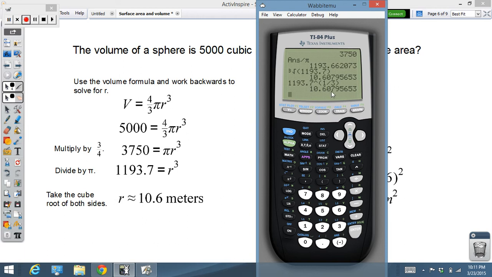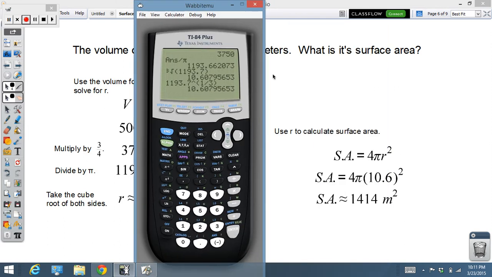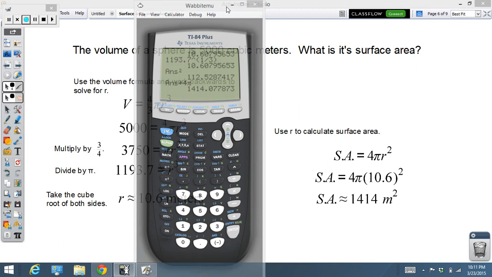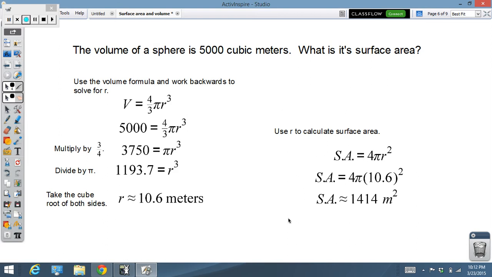So that's where we got that 10.6. We plugged it in here, squared that number and multiplied it times 4 pi, and there's our 1414. So that's how you use the calculator to do those. Hope that helps some of you.